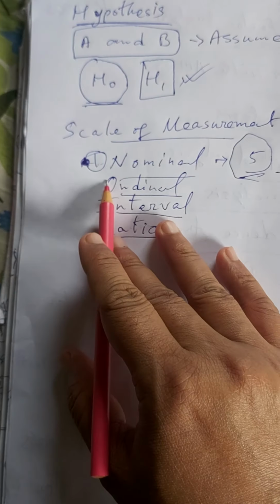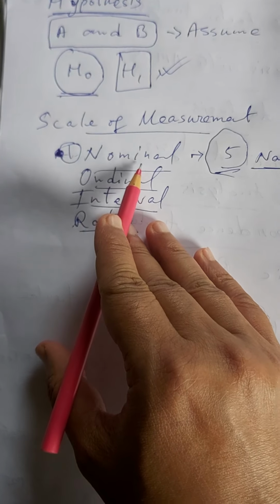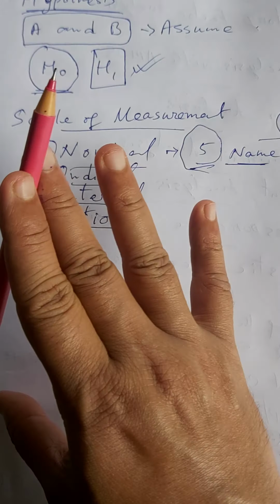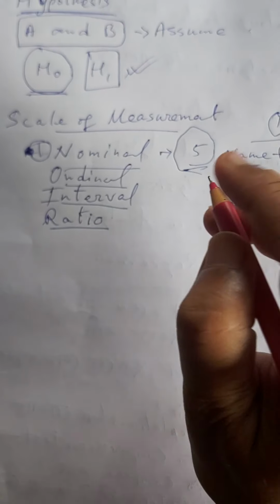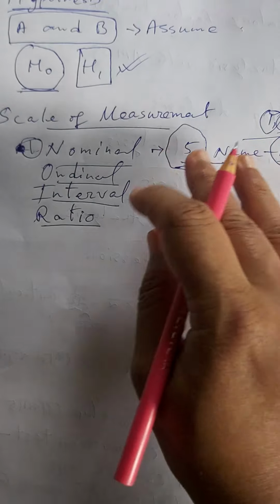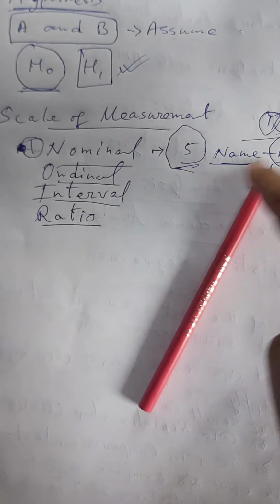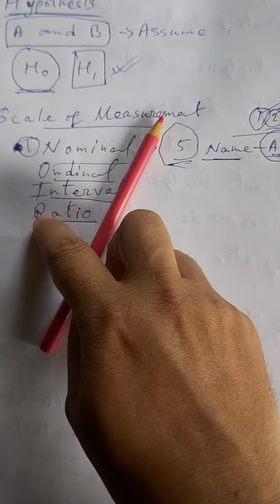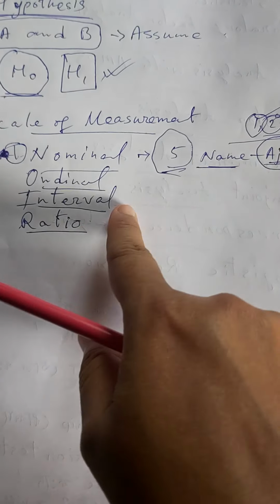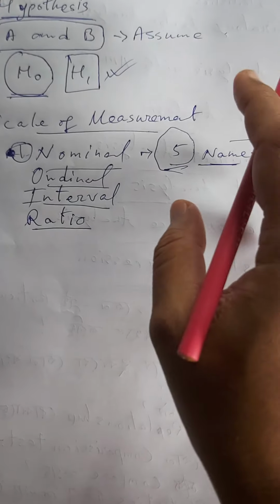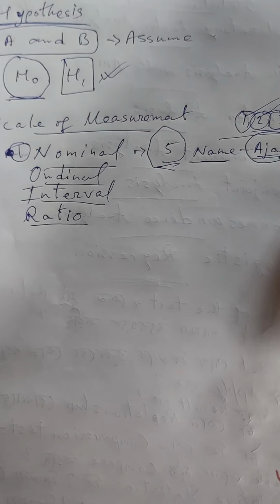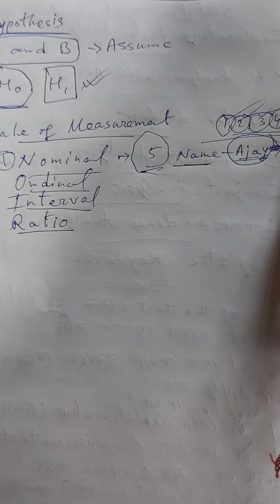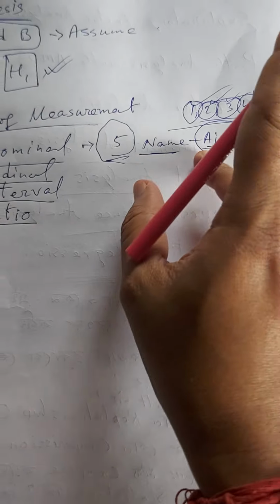The number has no particular meaning, it is just a sign for the number. A nominal scale may be categorical or discrete, and sometimes it may be continuous too, but generally it is not continuous, it is discrete, and sometimes categorical. Okay, this is called nominal scale.